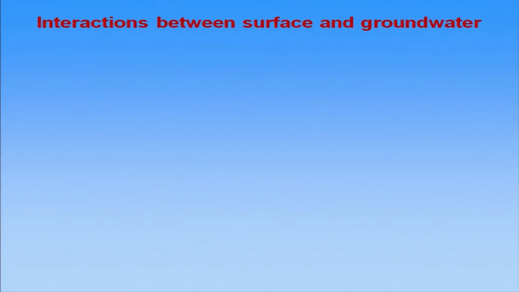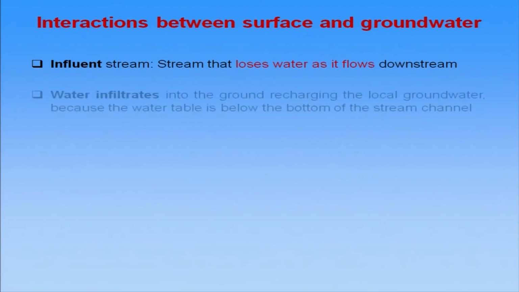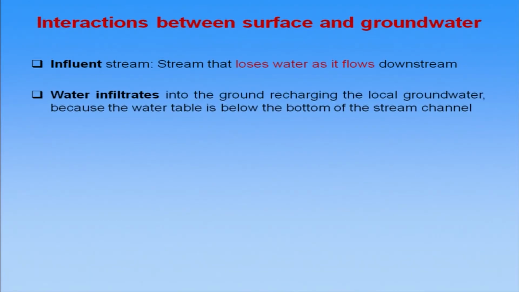Interaction between the surface water and groundwater further. You have influent streams that lose water as they flow downstream, then water infiltrates into the ground, recharging the local groundwater because the water table is below the bottom of the stream channel.